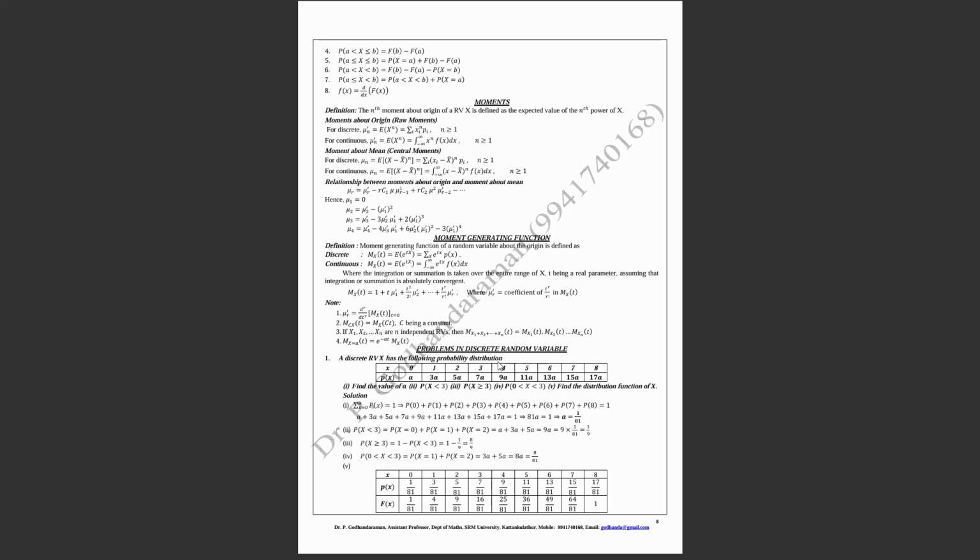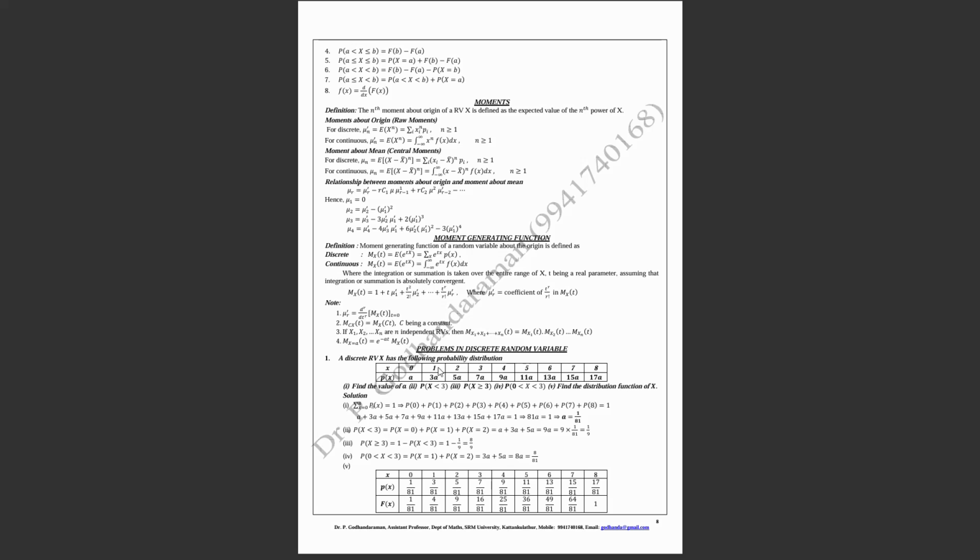The formula for the probability of a discrete random variable. A discrete random variable x has the following function, x and P of x. The given x values are 0 to 8, and the P of x values are: if x is equal to 0, P of x is equal to a.